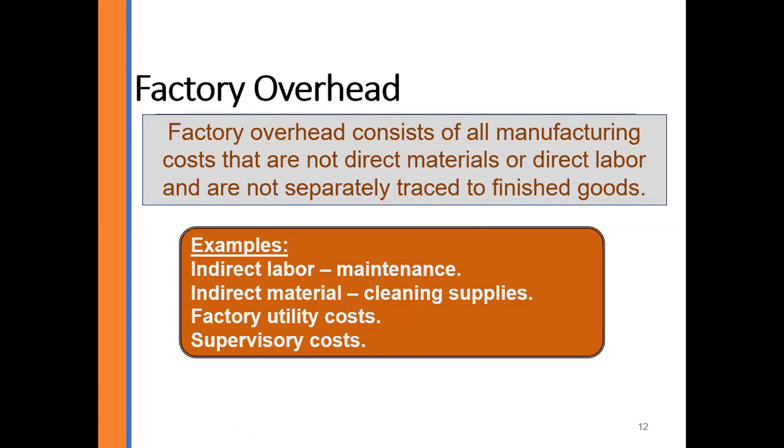So indirect materials are also part of factory overhead. Utility costs, supervisory cost. Again, I also mentioned depreciation on the factory, maintenance expense on the factory, maintenance on the equipment, anything like that would be considered an overhead cost. Just overall, if it's not a direct material, if it's not a direct labor, it falls into the factory overhead cost category.